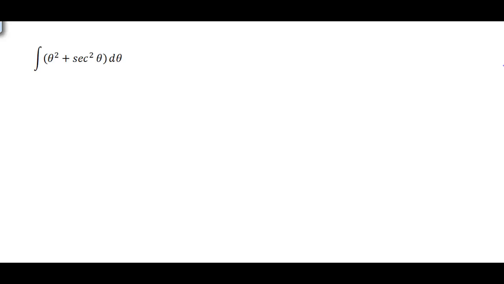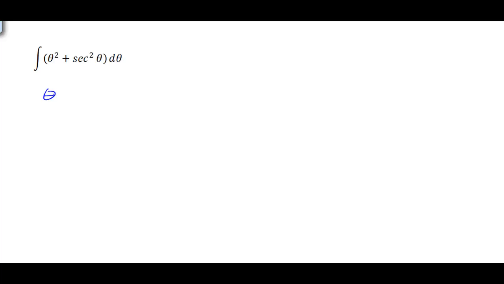All right, the next example, we have theta squared plus secant squared theta d theta. And notice here we're integrating with respect to theta. So in this case, we could think of this as x squared plus secant squared x dx, but here our variable is theta.